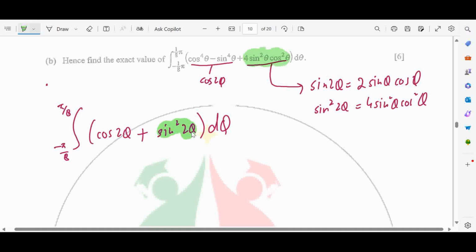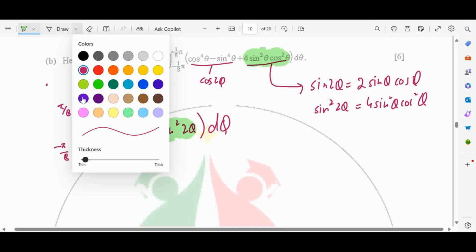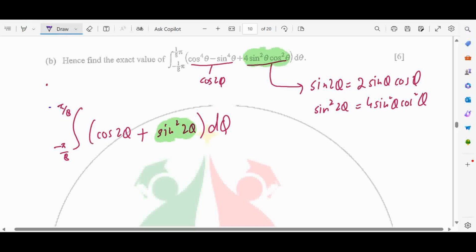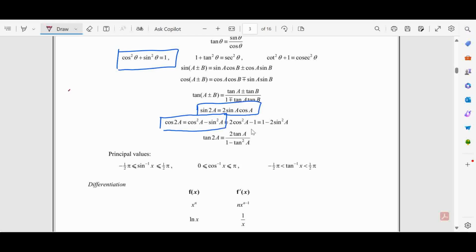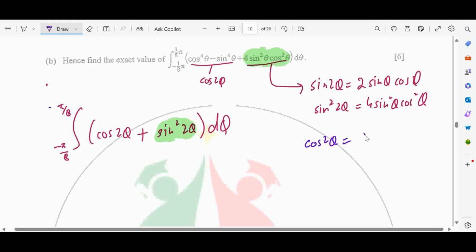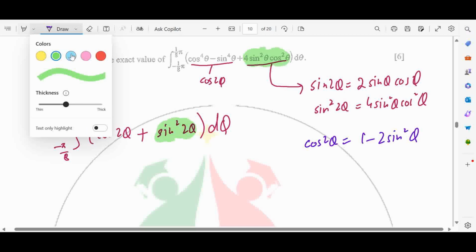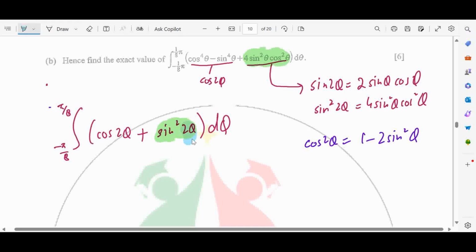Now the another thing is, here we have again the square in the power. So what we can do now? We know that one of the formulas is cos 2 theta is equals to 1 minus 2 sine square theta. But here we need square on this side, that we just need square here.